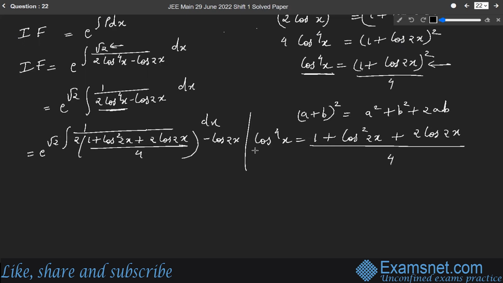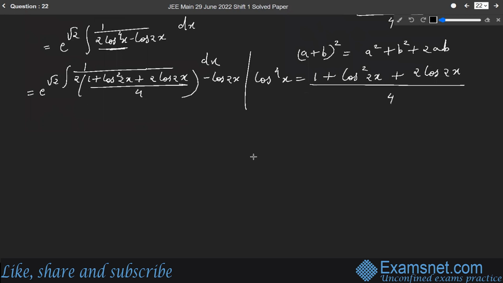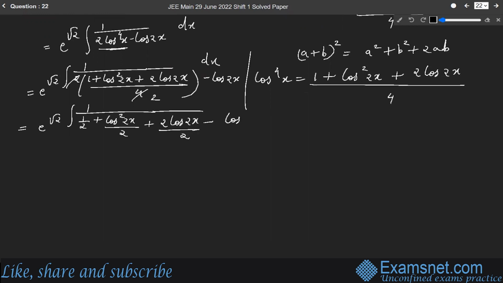All right. So now we have to simplify it. This 2 and 4 will be cancelled. Now this 2 will be divided with each and every term. Okay. So it will be e power root 2 into integral of 1 by 2 plus cos square 2x by 2 plus 2 cos 2x by 2 and minus cos 2x.